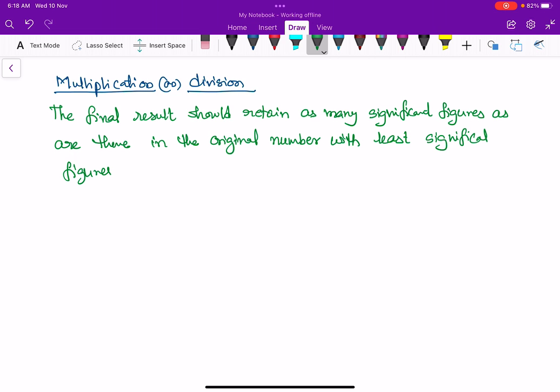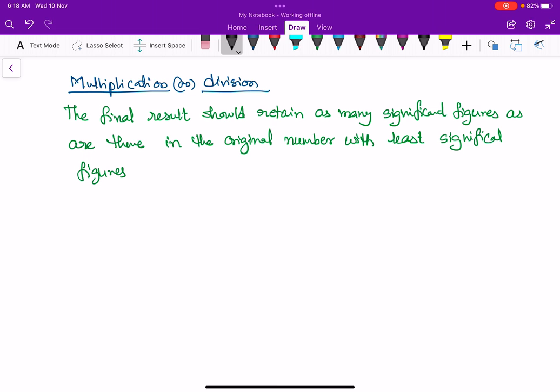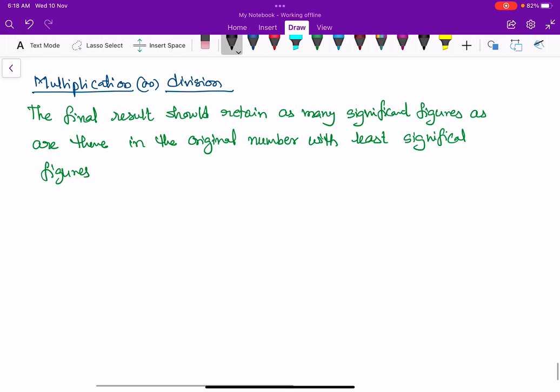So here the significant figures play a prominent role. Example: mass by volume, density, we will calculate 4.237 divided by 2.51.